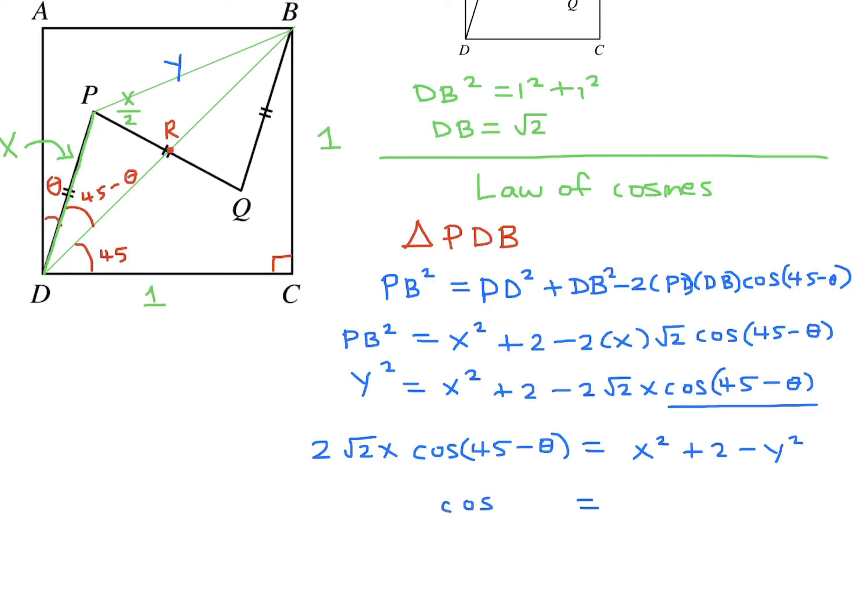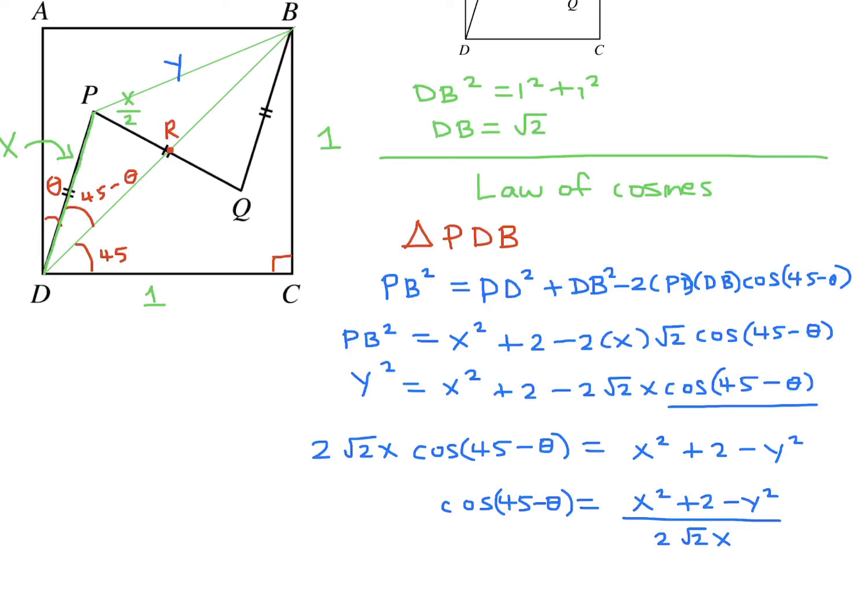And therefore cos of 45 minus theta is equal to x squared plus 2 minus y squared all over 2 root 2 x. Okay? So that is the first of two relationships for cos of 45 minus theta.